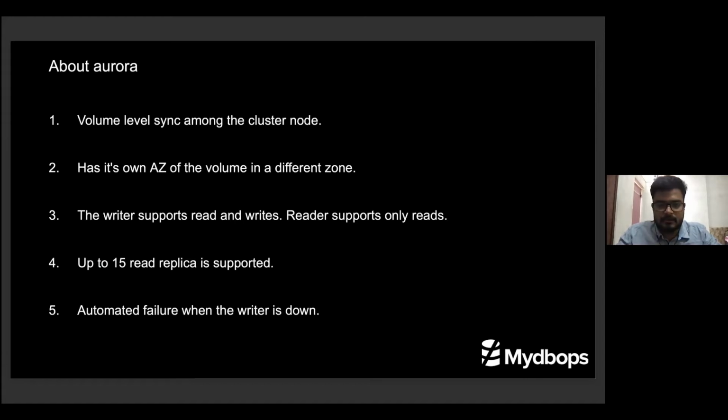That means 15 reader nodes can be there, and also automated failover. When the writer node has an issue and triggers a failover, we can set a priority for the readers as well. So among the 15 nodes in the cluster, which node should become the writer node when a failover happens for the existing writer.